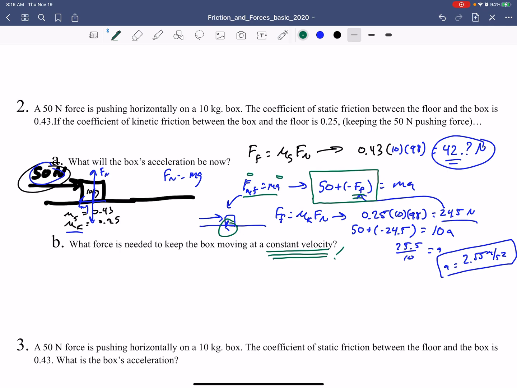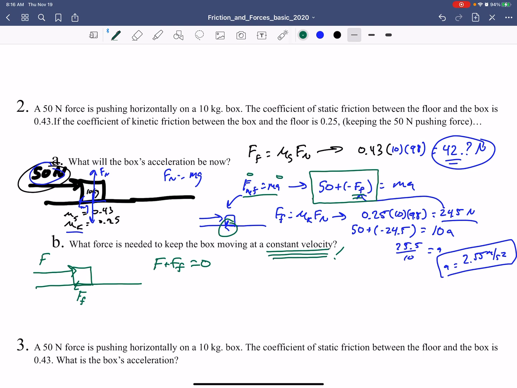Okay, so the net force on this box, I'm going to draw it again real quickly. We don't know what the force is in this case. This is the force of friction here. The thing that we do know is that these two forces have to cancel. So you can think of it this way, that F plus F sub f has to equal 0.